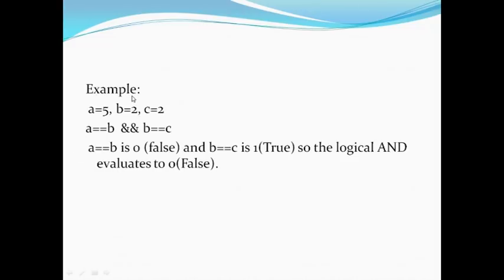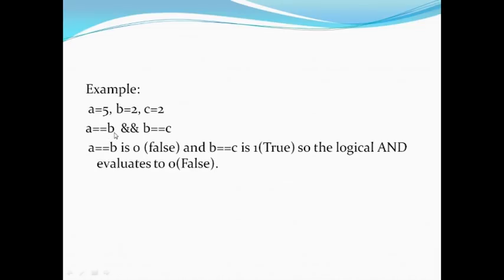An example for a logical expression: value A is assigned 5, B is assigned 2 and C is assigned 2. First we use a relational operator, that is double equal to.